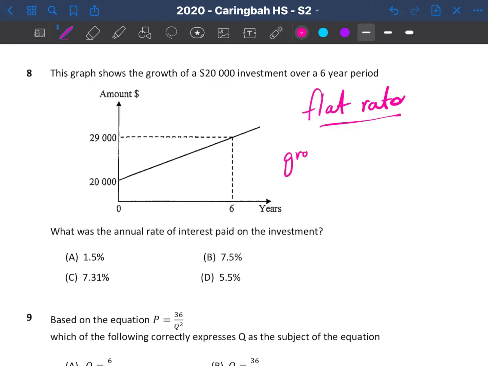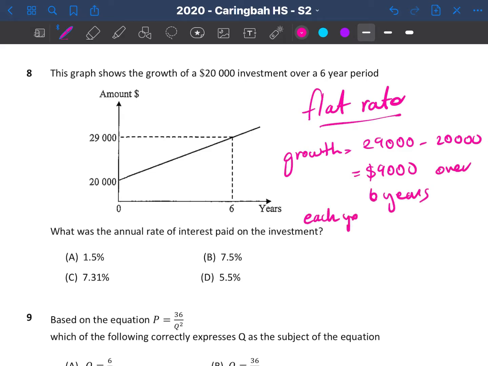So let's find out how much the growth is. That's 29,000, take away 20,000, which is $9,000, and it grew that over 6 years. So each year it must have grown 9,000 divided by 6, which is $1,500.